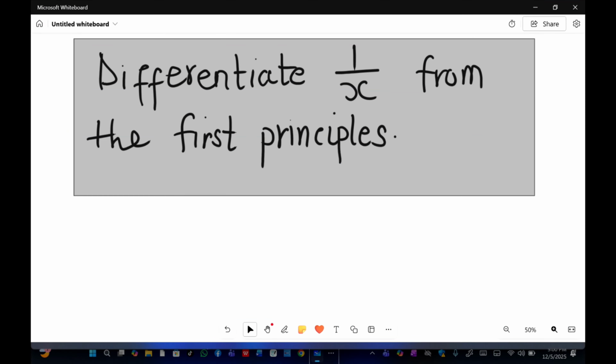Back to my online teaching platform. We have to differentiate the function 1 over x from the first principles. As we did in relation to polynomials, we learned how to differentiate polynomials, that is linear, quadratic, cubic functions, just that we are restricting ourselves to up to cubic functions.